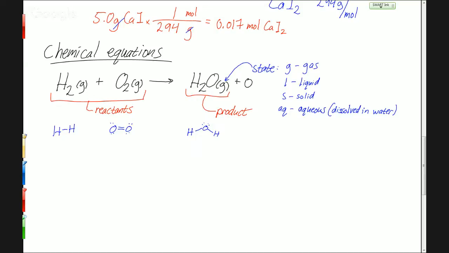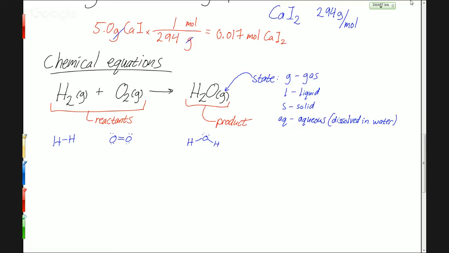That would work, but there's a problem in that that's not actually what happens. That would be a different process. If we made oxygen atoms, we would be able to see or detect them. And that's not what happens. We're only making water. So what this really tells us is that this is the correct process, but this is not the proportion by which these reactants react.